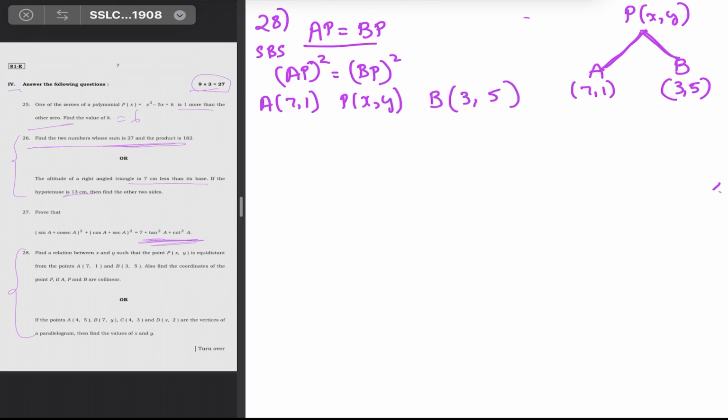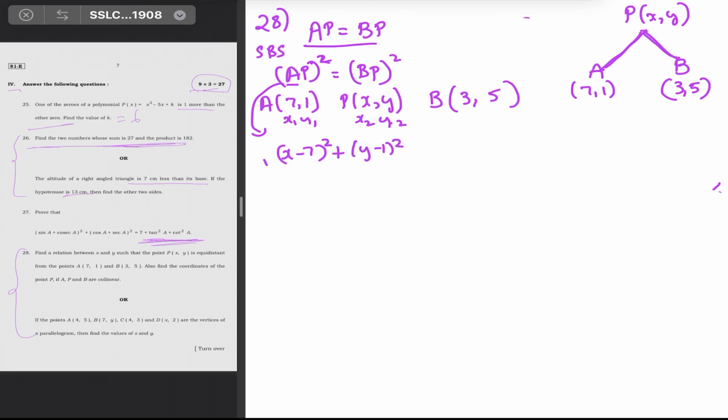Since we will be squaring, the root gets cancelled. So let us write x2 minus x1 whole square. That is, if this is x1 y1, this is x2 y2. x2 is x. So it is x minus 7 whole square plus y minus 1 whole square.